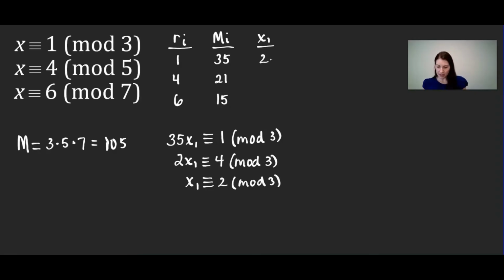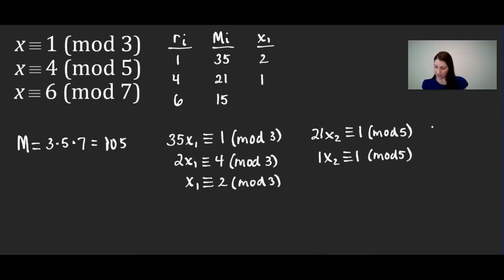All right, let's do the second one here. I would have 21 x2, and because I'm finding the inverse, this would be congruent to 1 in mod m2, which is 5. Let's see, if I subtract 5, that would give me 1. x2 is congruent to 1 in mod 5, so it looks like the inverse is 1.